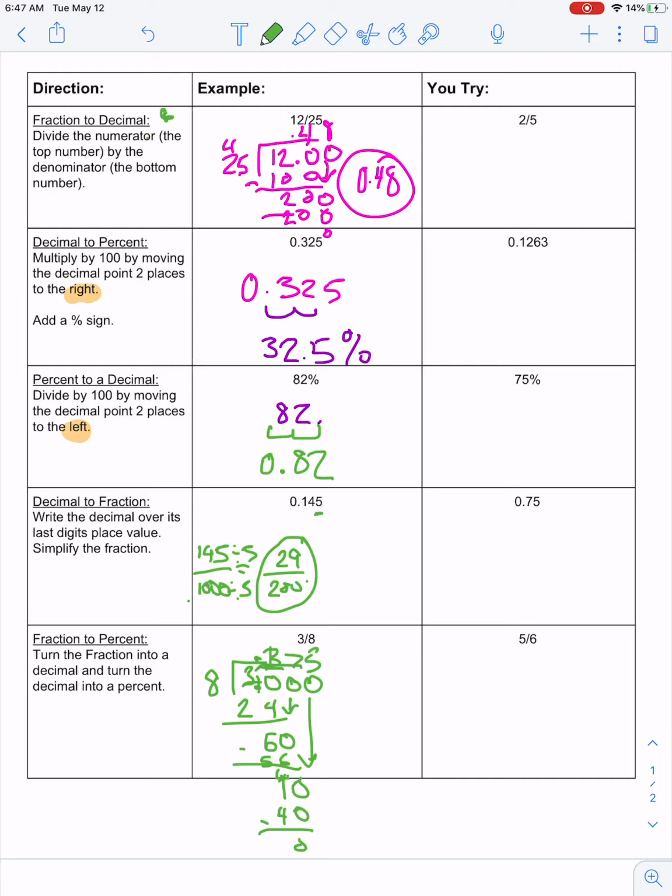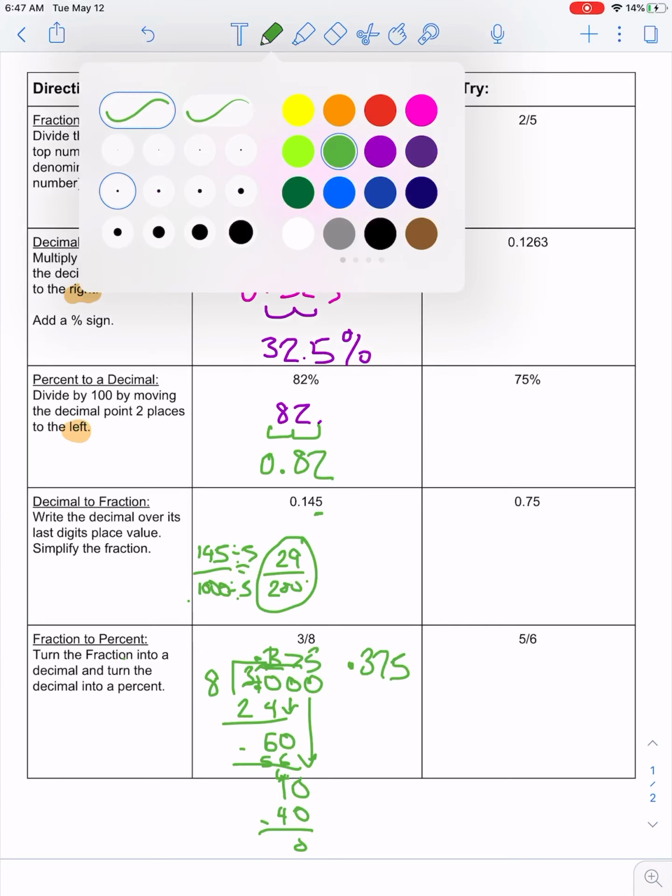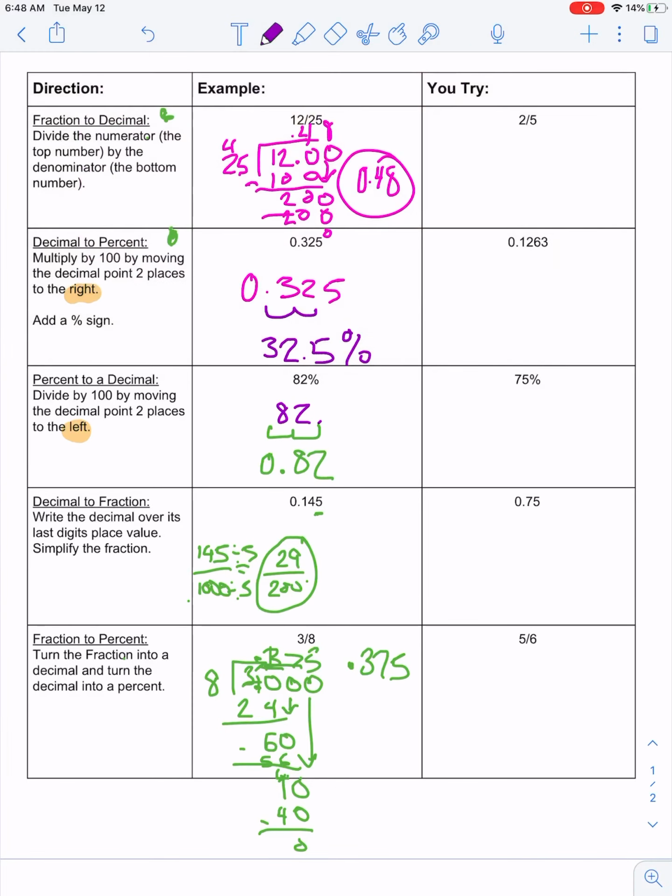So we end up with 0.375. But we're not done yet because we need to turn it into a percent. So now, how do we turn a decimal into a percent? We move our decimal place 2 places to the right. So we move our decimal 1, 2. So we end up with 37.5%.